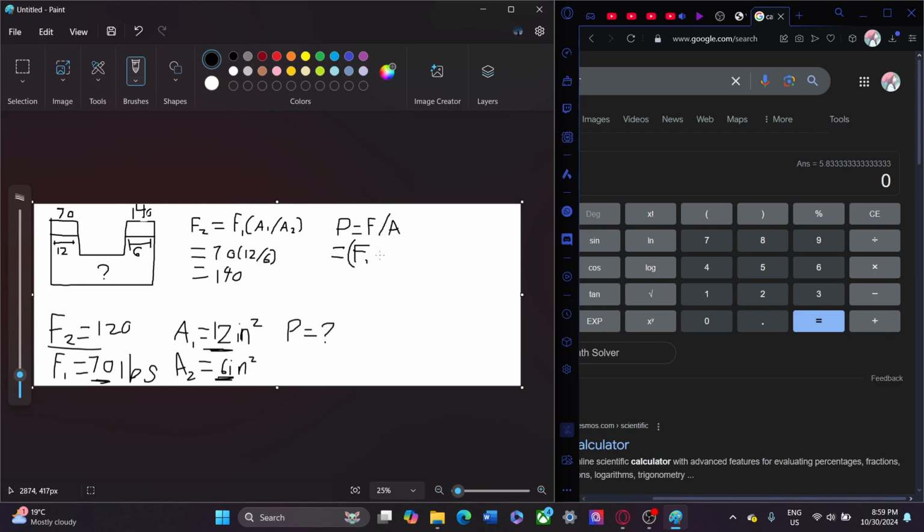Take F1 plus F2. Divide that by A1 plus A2, which equals this number, 70. This is the equation, what it looks like.